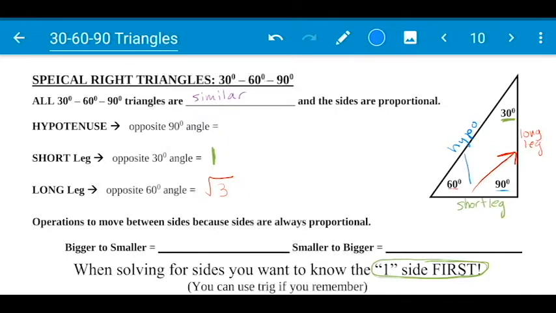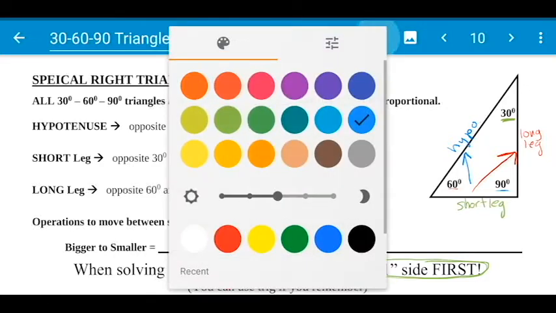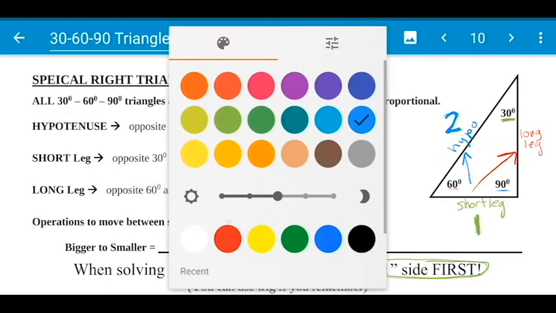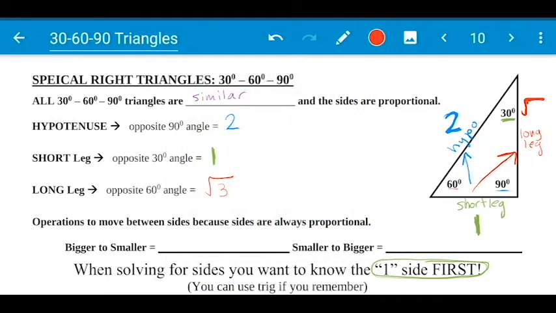When we go from our short leg to our hypotenuse, we're just going to simply double it, or we're going to cut it in half if we're going from a hypotenuse to the short leg. So if our short leg is 1, that makes our hypotenuse 2. We multiply by the square root of 3, and that makes our long leg the square root of 3.